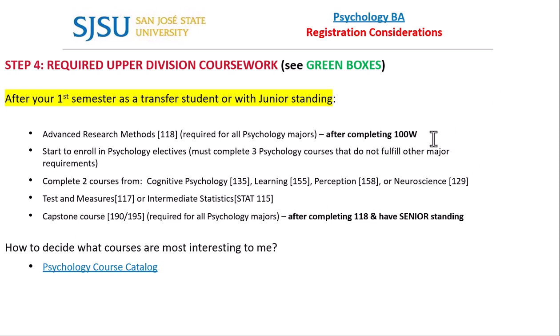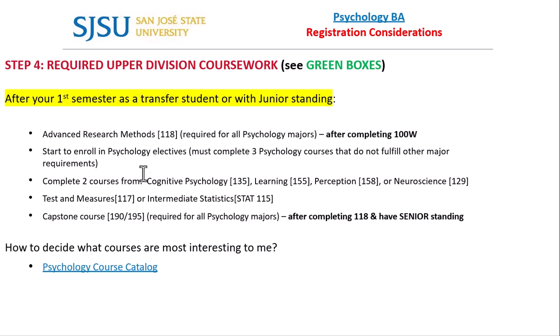If you have already completed your 100W, a priority for you now is to complete your advanced research methods class. As soon as you've completed 100W, you want to enroll in Psych 118. Again, that is a required course for all psychology majors. The prerequisite for Psych 118 is 100W. So that's the first priority.